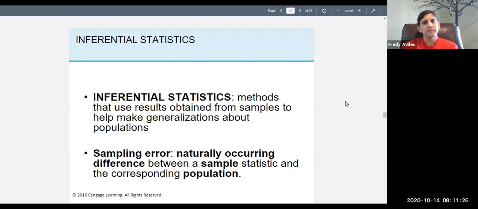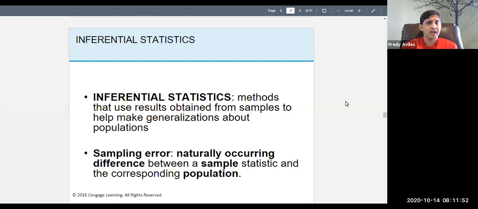So you want to determine, for instance, if there's a difference, let's say, between males and females in how much they drink alcohol. And you found a certain result from your sample, a certain difference, and you want to determine if that actually exists in the population. That's what you do with inferential statistics.